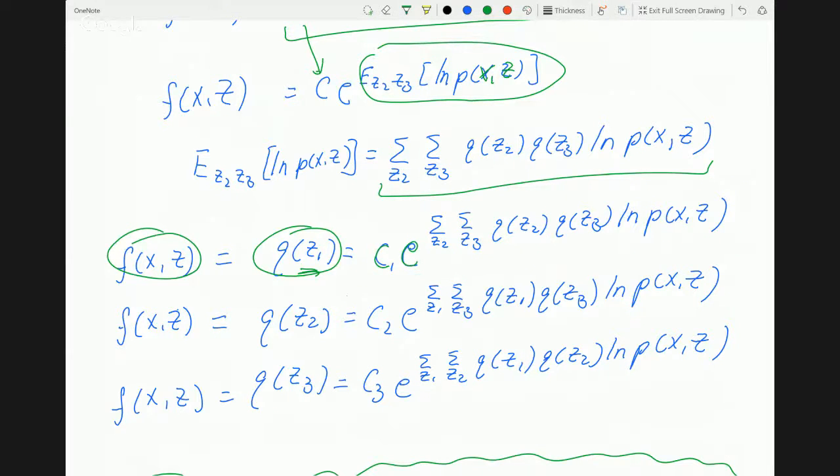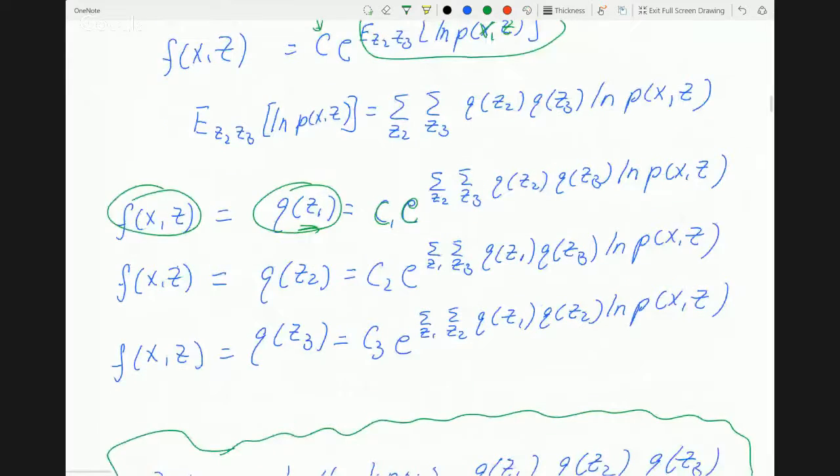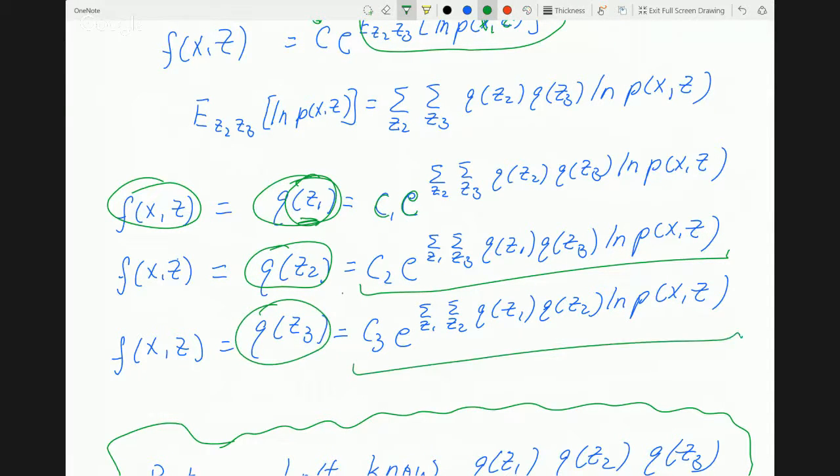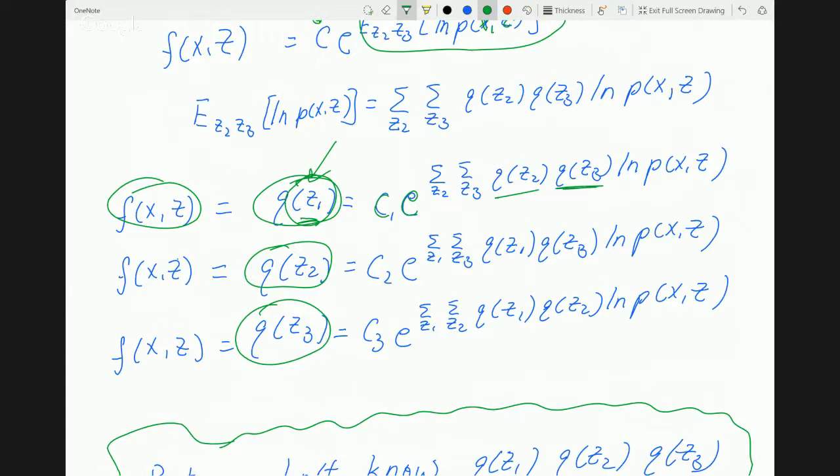Now, if you had done the same thing, but instead of pulling out QZ1, we pulled out QZ2, it would have been in this form. And if you pulled out QZ3, it would have been in this form. The pattern I want you to see is that when we're talking about QZ1, QZ1 is missing here. If we're dealing with QZ2, QZ2 is missing.